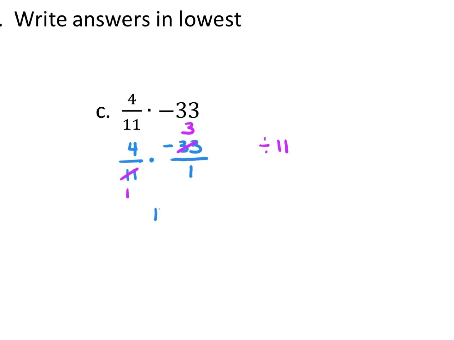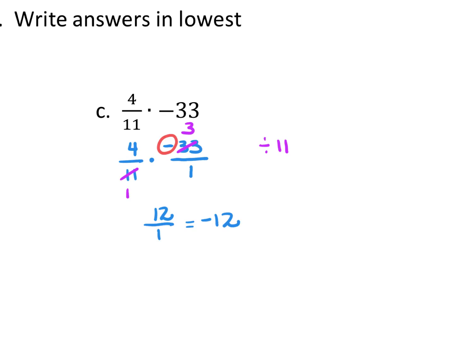We get 12 over 1, or if you want, remember that if it's over 1, it's just the number itself, so we get 12. We do also have 1 negative in our problem, and so we do need that in our final answer. And so our final answer is negative 12.